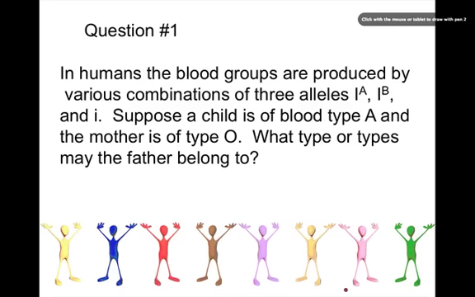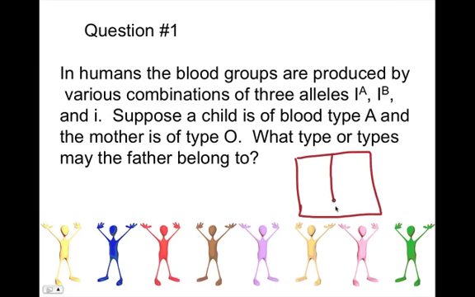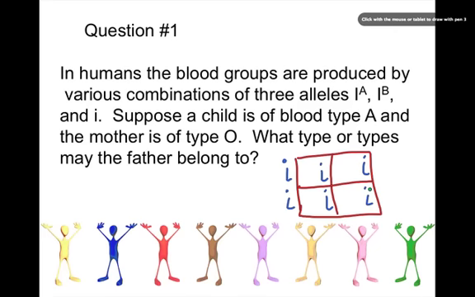Whenever you're doing your problems, you're always going to start with a Punnett square. And of course it says that mom is type O, which means in all of these boxes you are going to have type O. It said that the child is blood type A. In order for the child to be blood type A, Dad is going to have at least one letter A, correct?